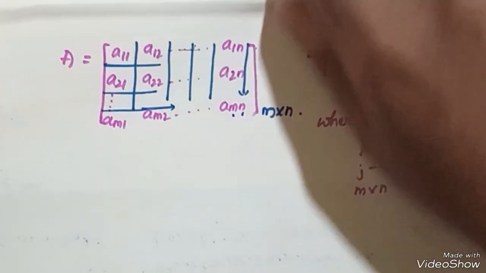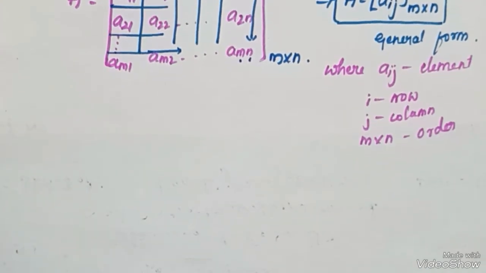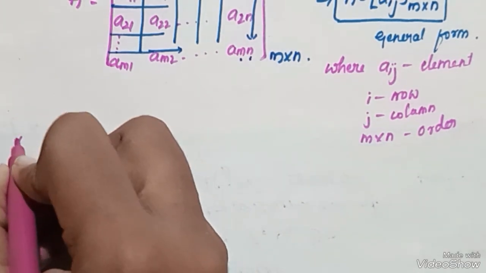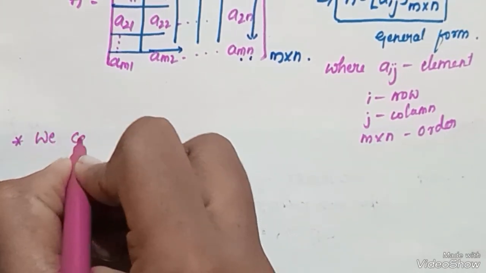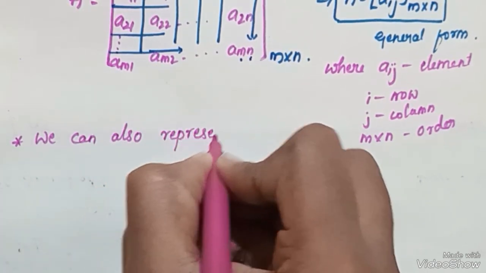Now, we can write this while finding the possible orders. Here we define the order of the matrix and the possible orders. The number of elements can be written in rows or columns.